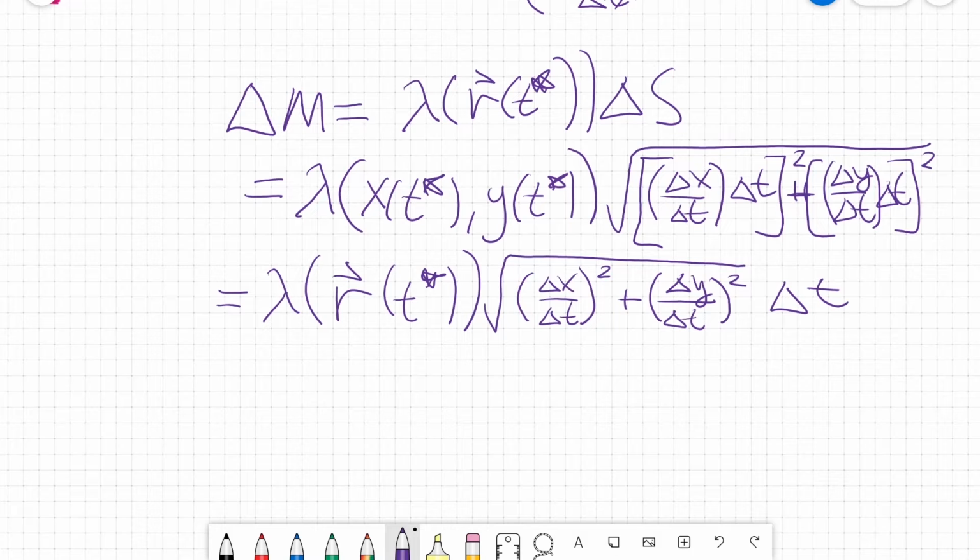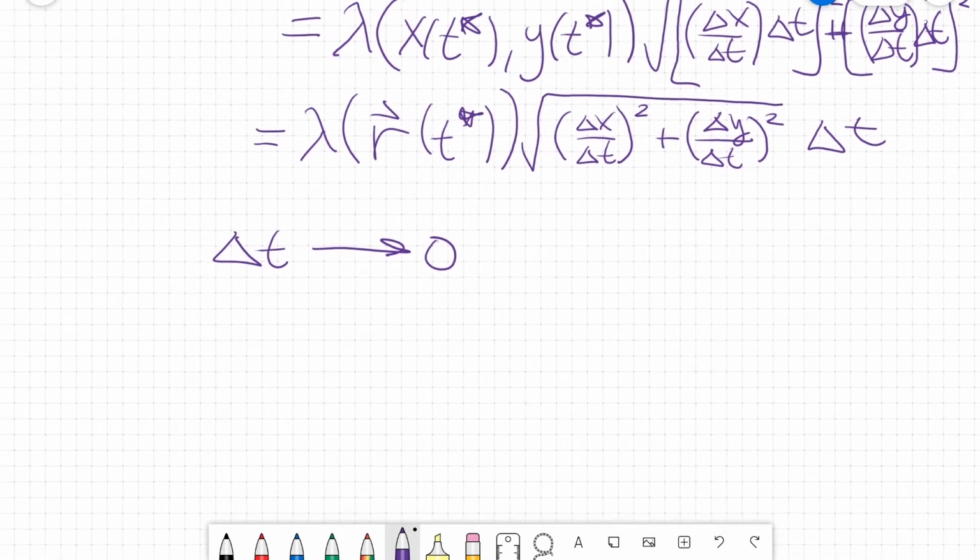Now, we really want to get an accurate mass, so we're going to keep bugging this ant a lot. That means we're going to keep calling the ant almost every moment that we get. So the amount of time between calls is going to be short. We're going to take the limit as delta t goes to 0.